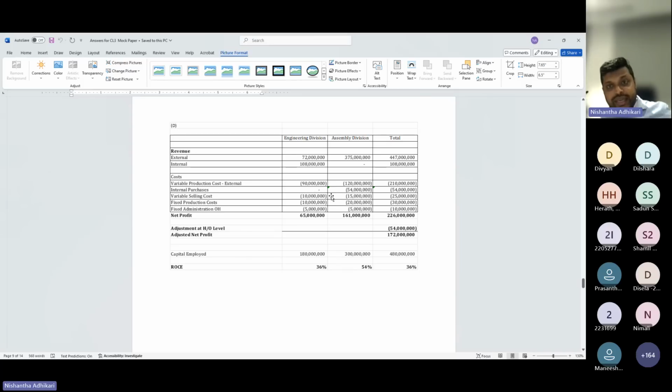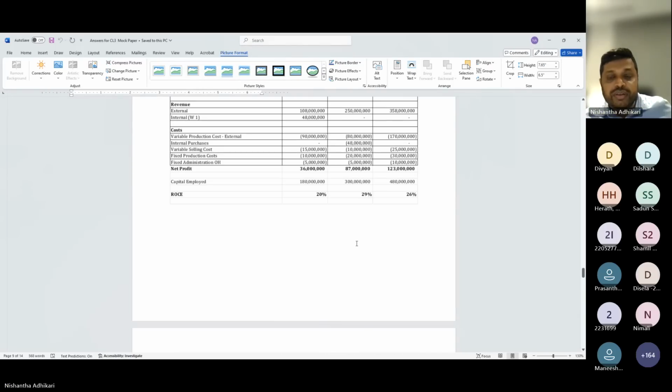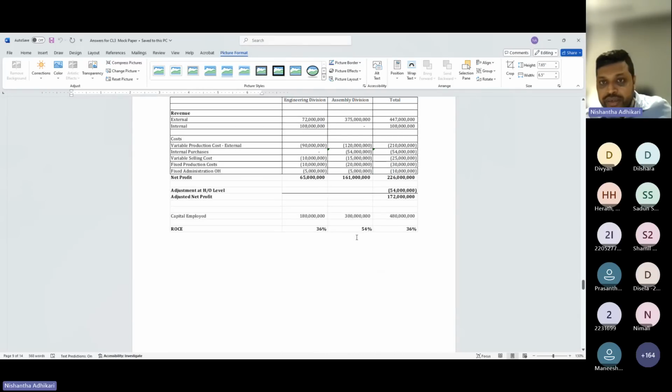On the other hand, the receiving division will record at marginal cost of 900 each, or 800. This way there is no impact on the total company operation.